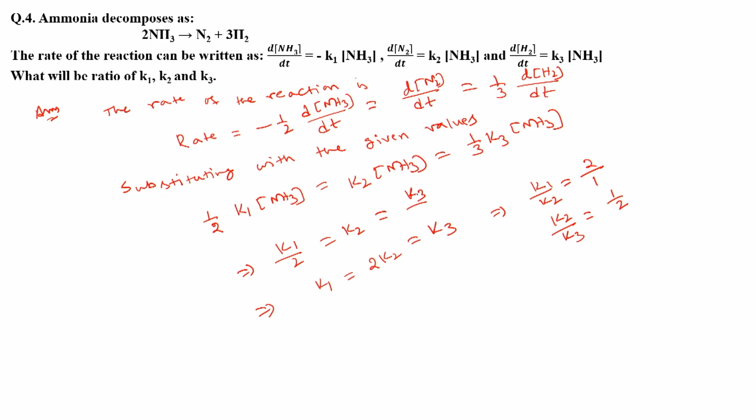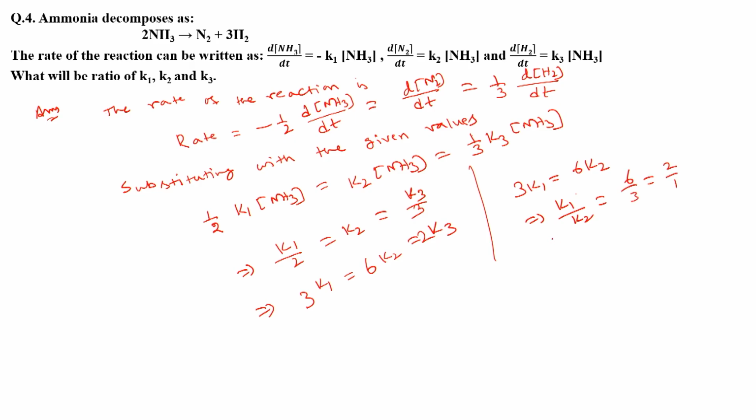So, if it is 3, then we need to multiply everything by 6, okay. So, you get 3 K1 equals to 6 K2 equals to 2 K3. So, we get K1 by K2 is 6 by 3 is 2 by 1.